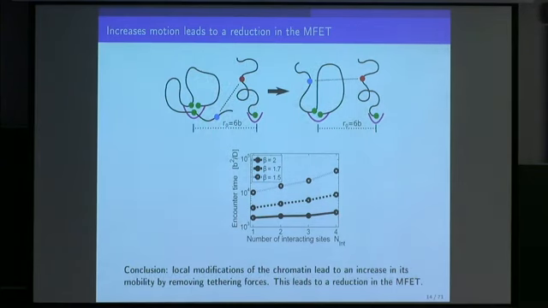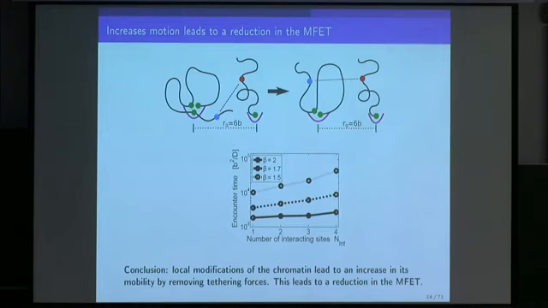So we performed some numerical simulation, Brownian simulation, where we have multiple traps on one polymer, and we ask how long it will take for this guy to meet this guy, which is at a certain distance. And not surprisingly, we see that as one removes those interacting sites, the encounter time between those two guys is going to diminish.